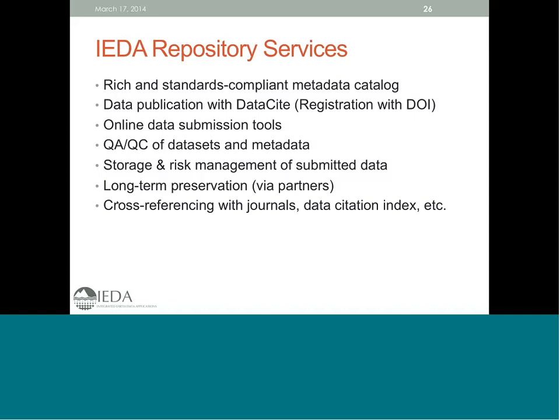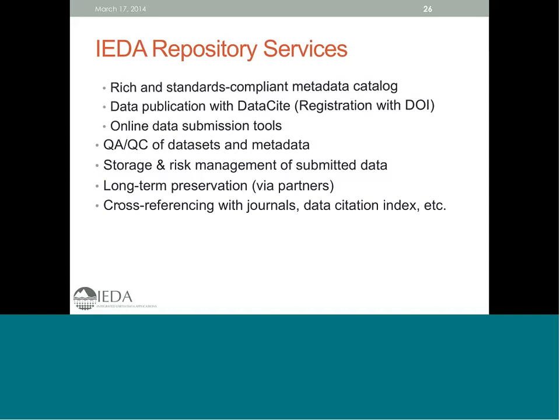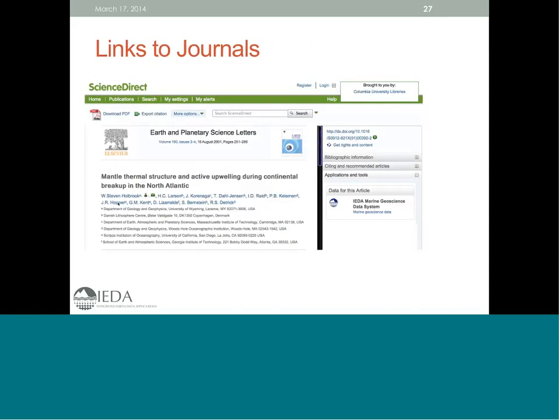But what we also do, and this is kind of unique still, is the cross-referencing with journals and the data citation index. And just to show you an example, here's an article with Elsevier, and it shows here in the sidebar that data for this article is available at IEDA.